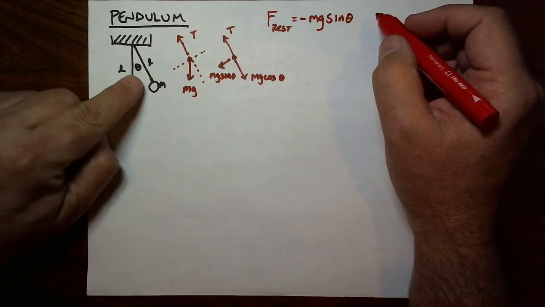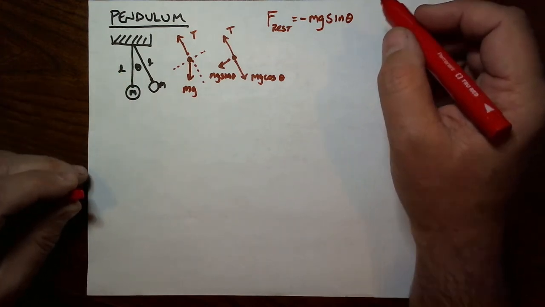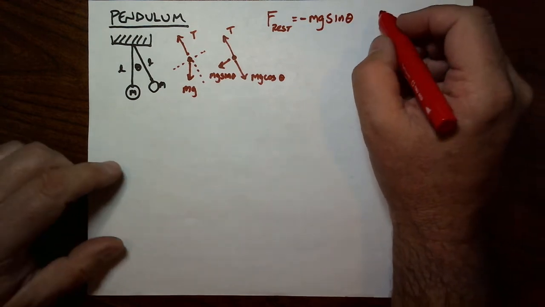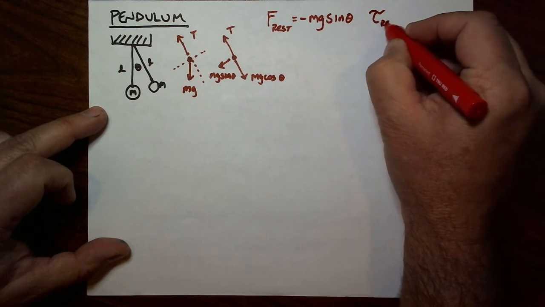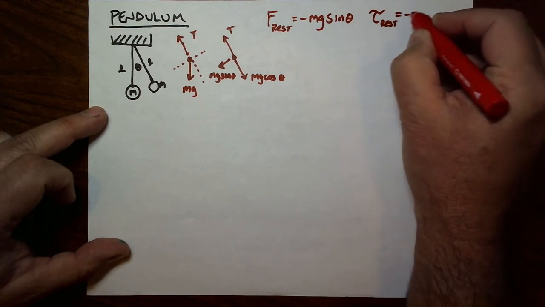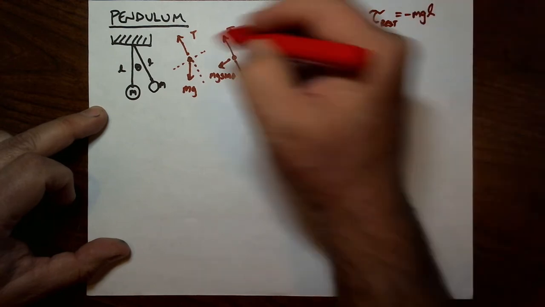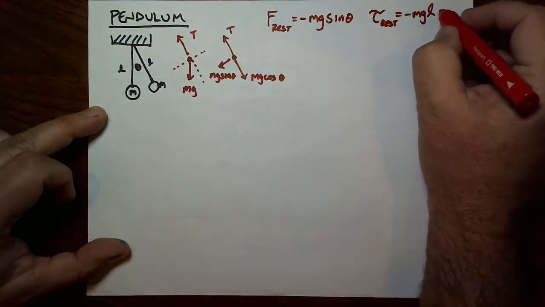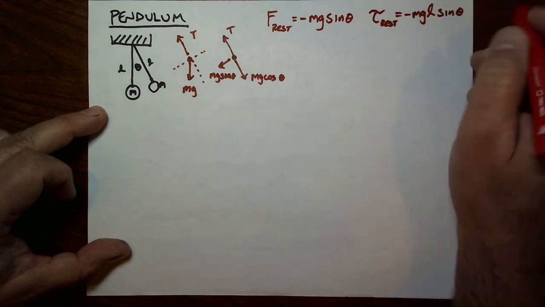Now, since our angle theta is the variable here, I think that this is going to tell us that we're headed into torque land. So we'll also write that our restoring torque is equal to the restoring force times the lever arm, which is L, the distance from the pivot point that force is acting. I'm going to slip the L in the middle so that sine theta is the last thing in the line.